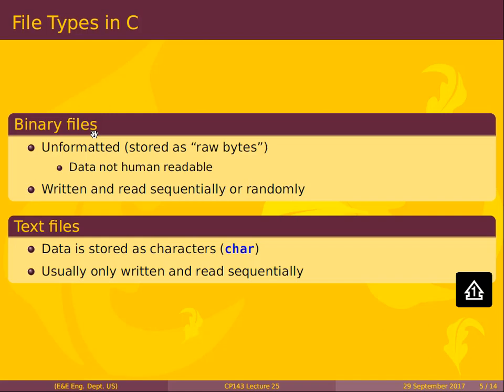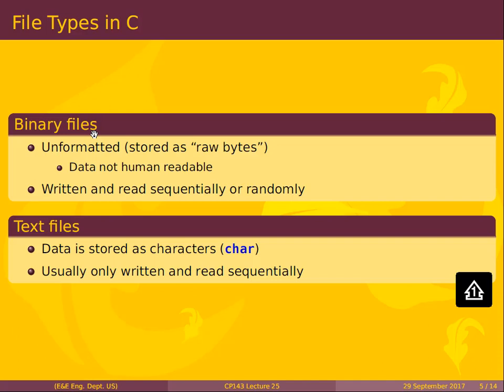So in our lecture today, just to get started on files, how it works, and where it sits on the computer, we're just going to look at sequential access of text files. Okay, so text files is the thing that we're focusing on. In this type of file, data will be stored as characters.